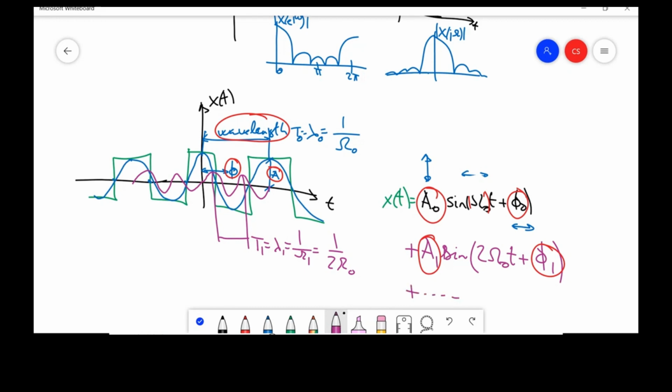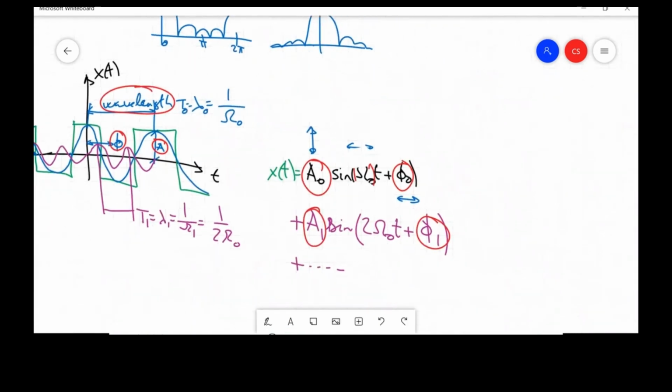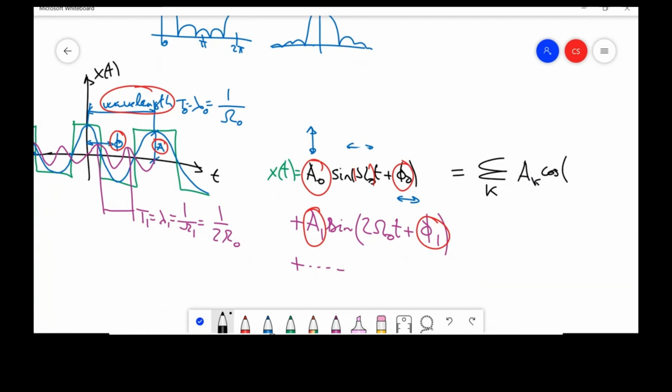So what they are saying is that a periodic signal is equal to the sum of all harmonics. For a continuous signal, you need infinite harmonics of A_k cosine of k omega 0 t plus phi_k, and this k goes from 1 to infinity.